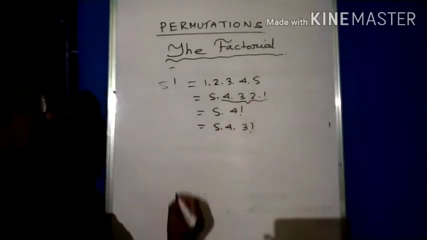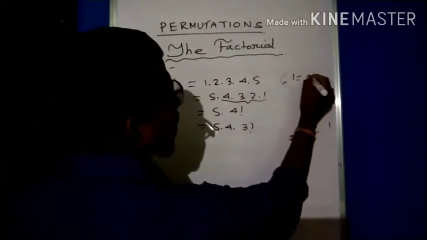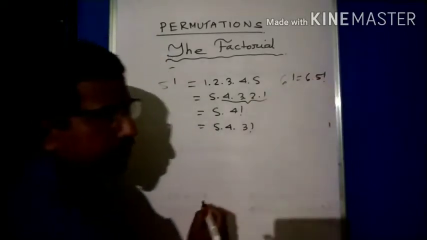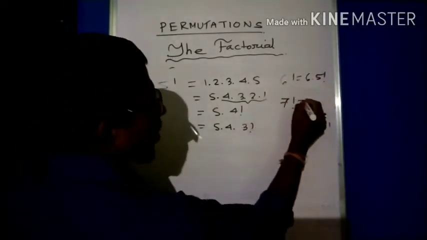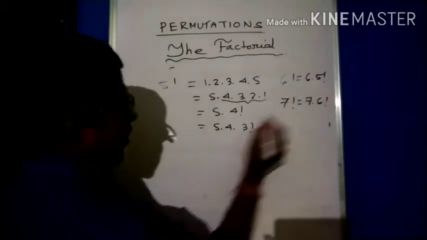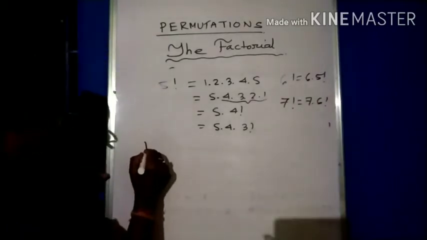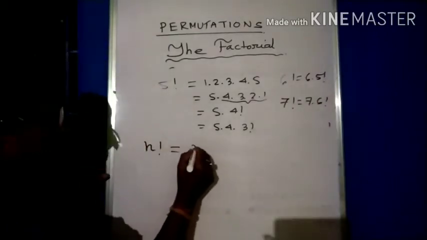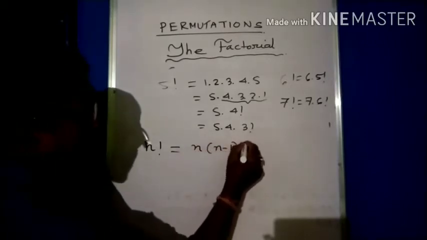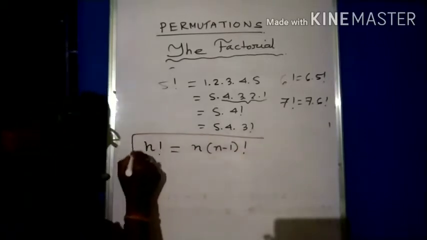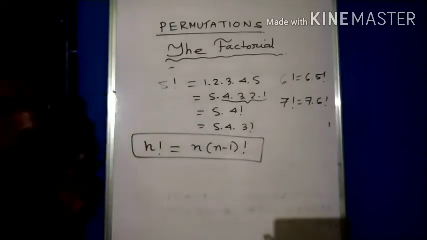Similarly, factorial 6 we can write as 6 into factorial 5, factorial 7 as 7 into factorial 6. Similarly, factorial n we can write as n into factorial n minus 1. It's a very important relation.